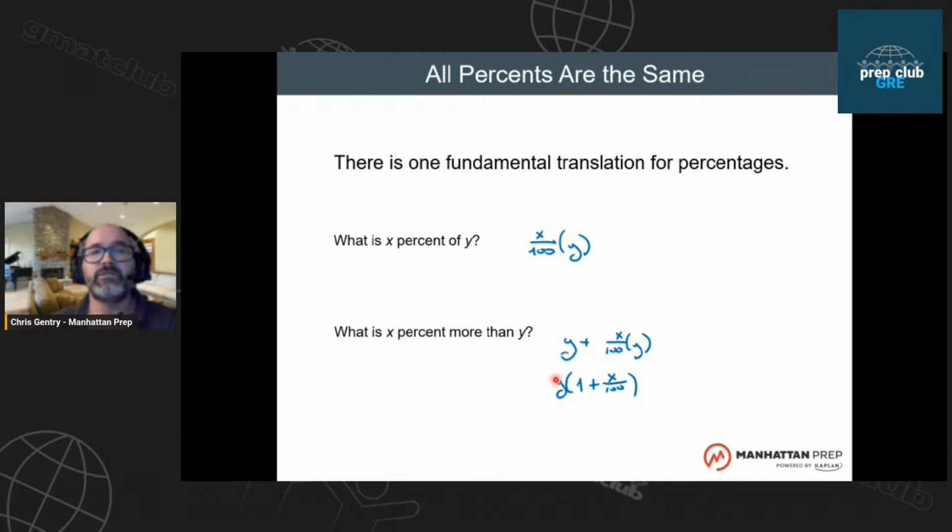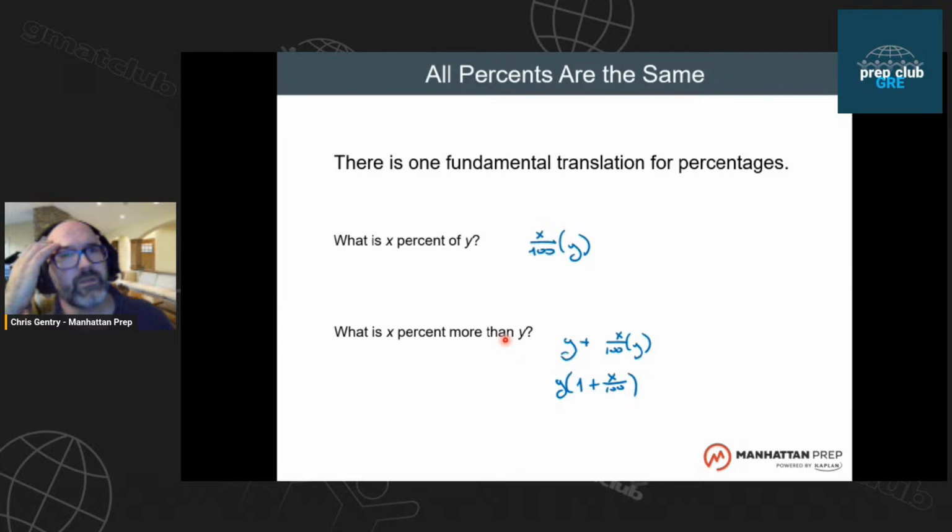Why add Y, instead of just the percentage multiplied by Y? Because if you want X percent more than Y, this is a common GRE phrasing for when they want the total value after all the calculations are done.